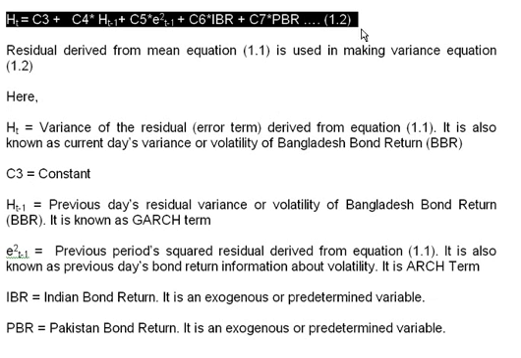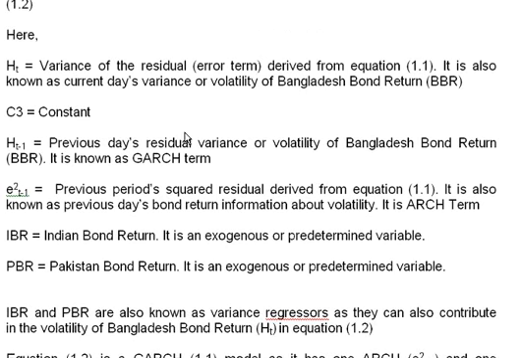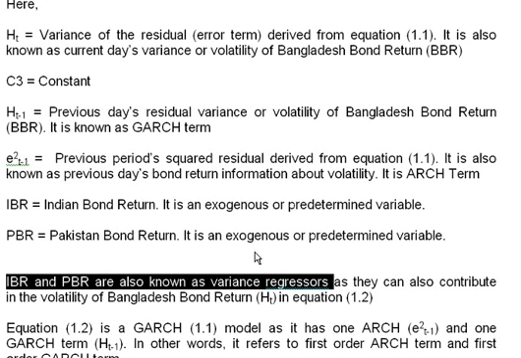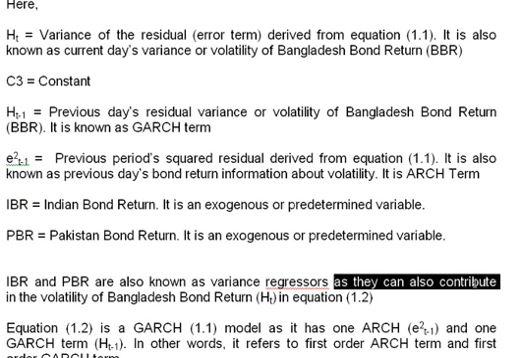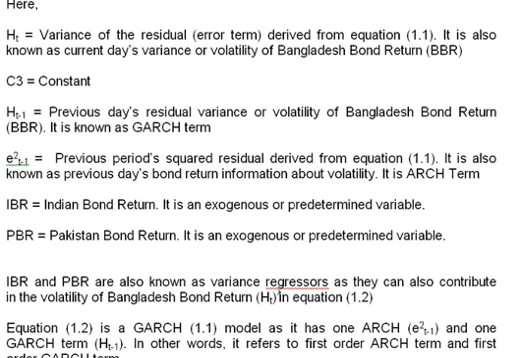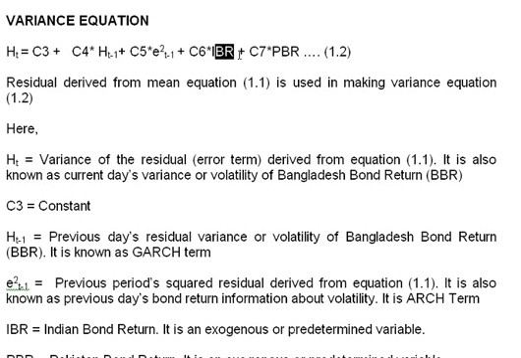And here you know that IBR and PBR are also known as variance regressors, as they can also contribute to the volatility of Bangladesh bond return in equation 1.2, right? So IBR and PBR also contribute to the volatility of HT. What is HT? The volatility of Bangladesh bond return.